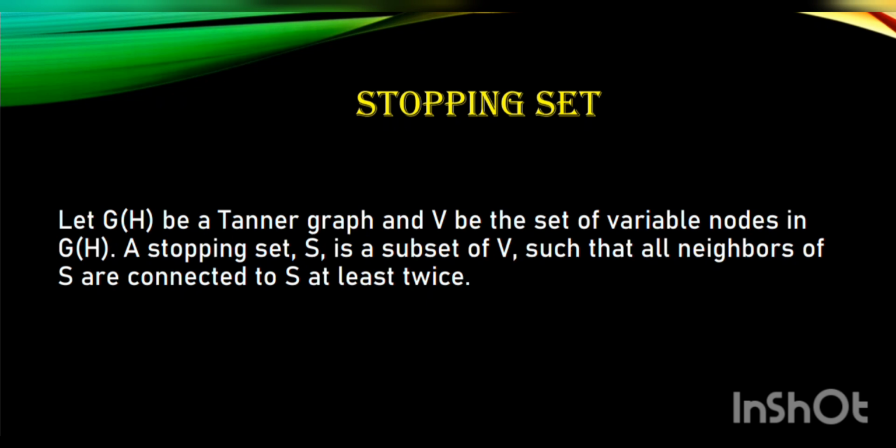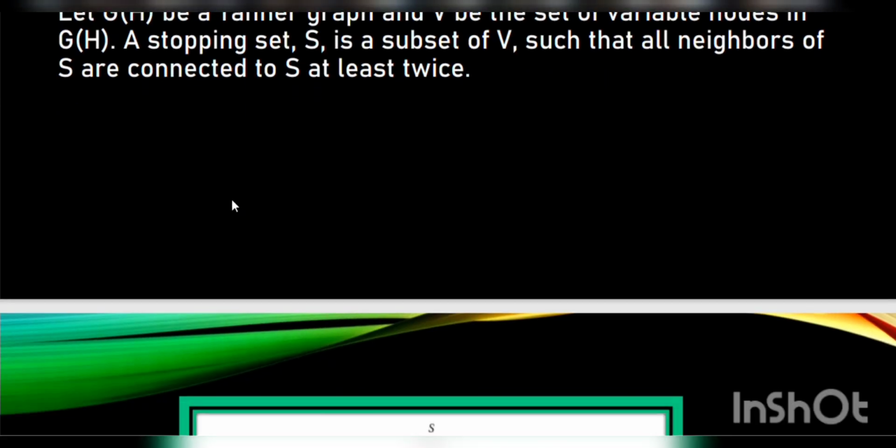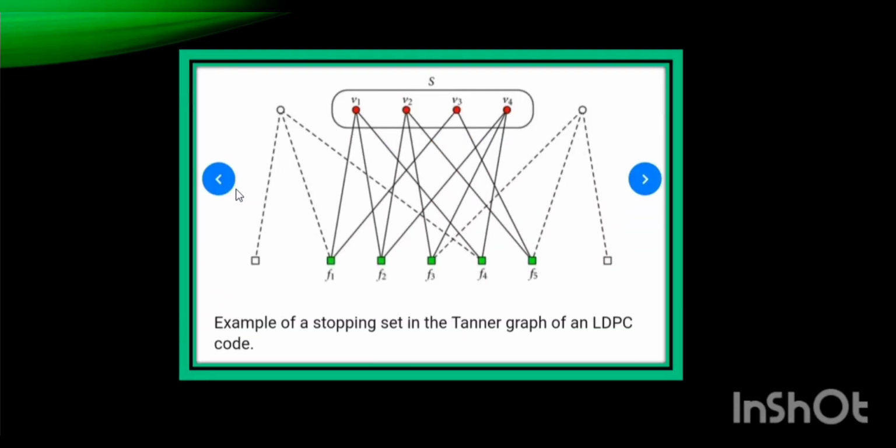It means if S1 and S2 are both stopping sets, then so is S1 union S2. For example, in this shape, the set of V1, V2, V3, and V4 is a stopping set because all neighbors of S are connected to S at least twice.